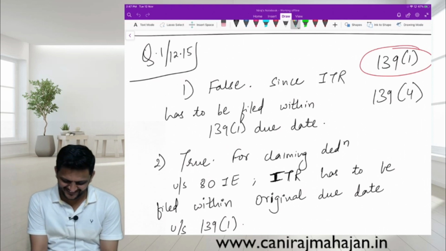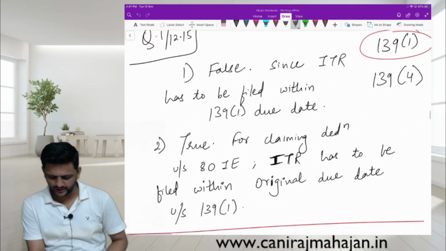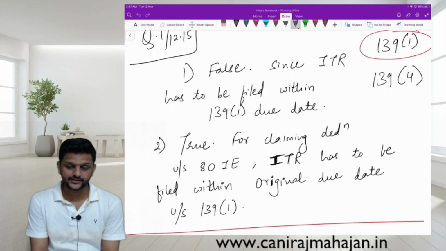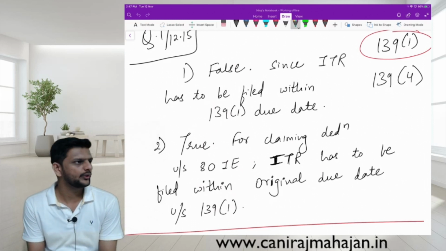For claiming deduction under section 80IE, ITR has to be filed within the original due date under section 139(1). So that is also true.